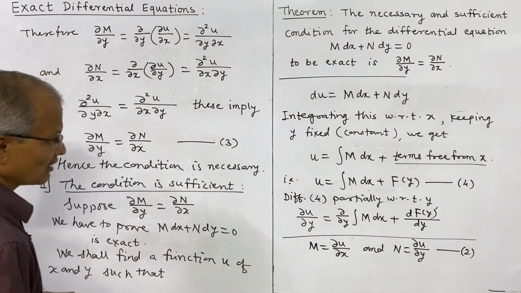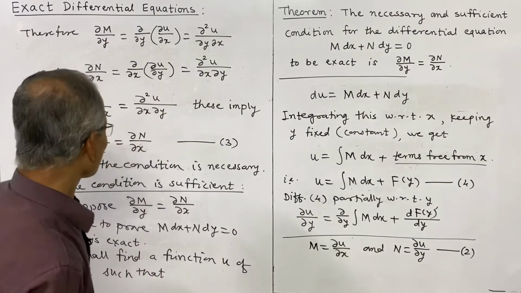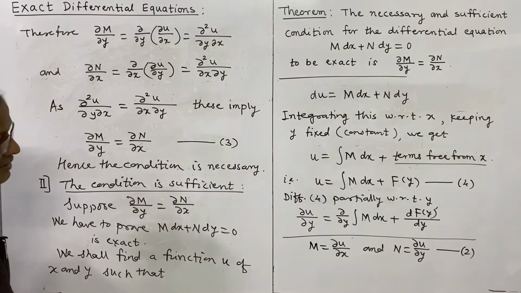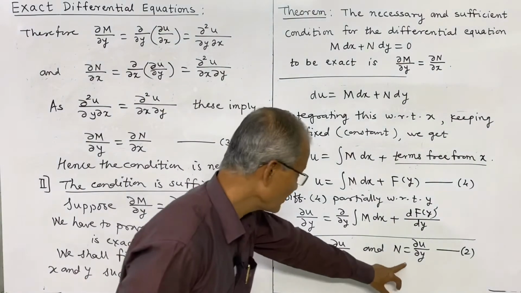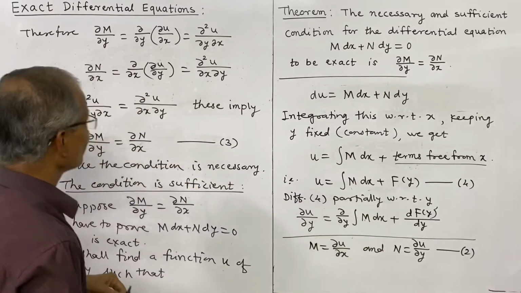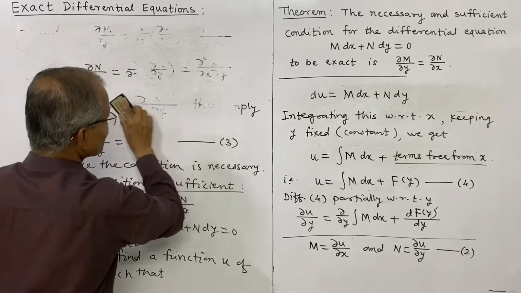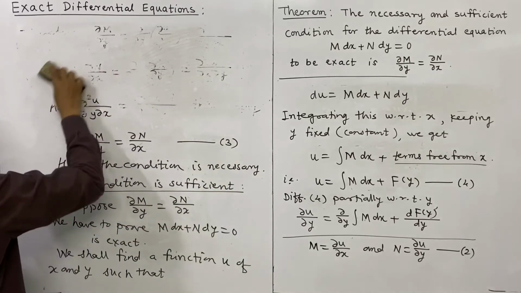From this we shall express, but now you see what dou u by dou y is. Dou u by dou y, we have the second relation here itself. Dou u by dou y is n. So this left side is n.